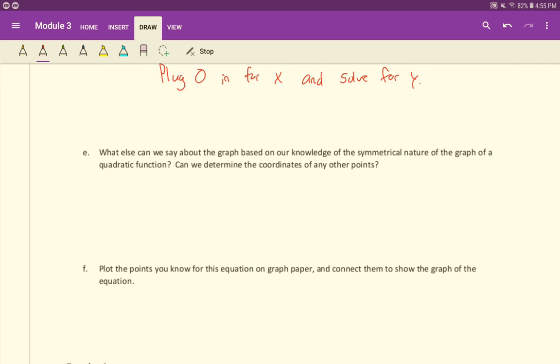What else can we say about the graph based on our knowledge of the symmetrical nature of the graph of a quadratic function? Can we determine the coordinates of any other points? So, the answer is yes.